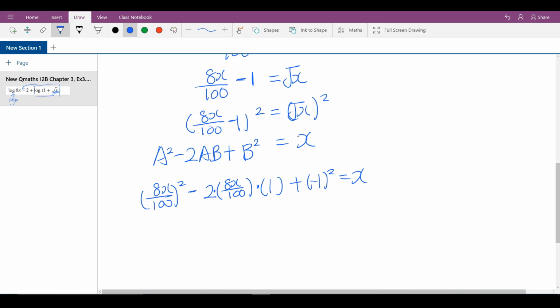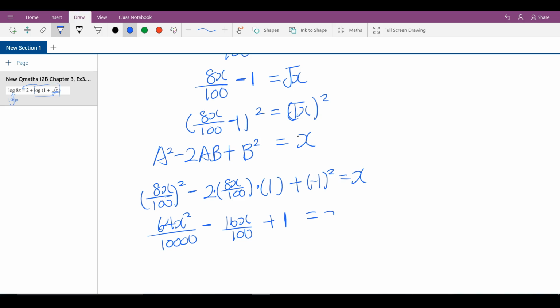Now we can do this one. That's easy. So 64x squared over 10,000, because the square encloses the whole thing, so you have to square the bottom as well. Minus 2 times 8x over 100 is just 16x over 100 times 1, and that doesn't really change, plus minus 1 squared is just 1, so plus 1 equal to x.